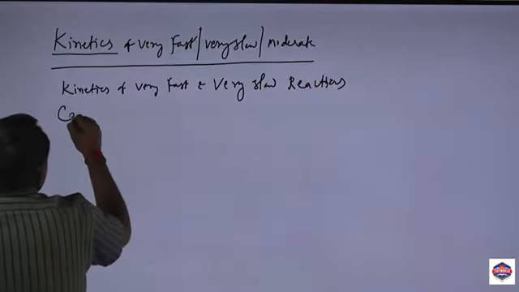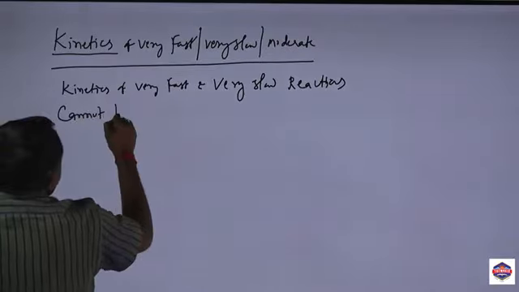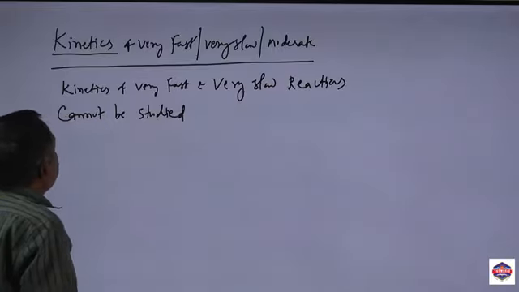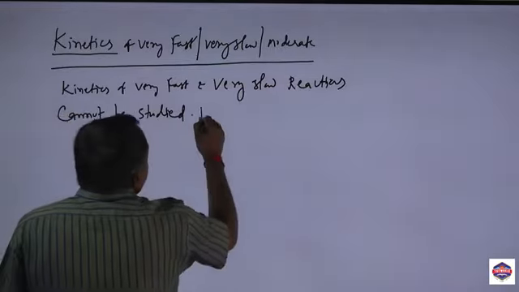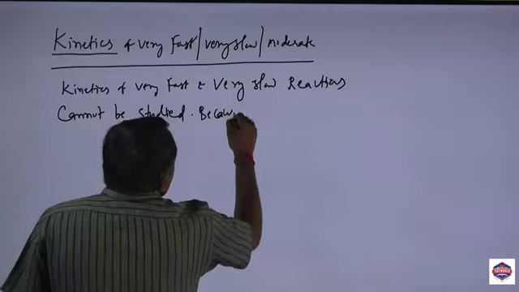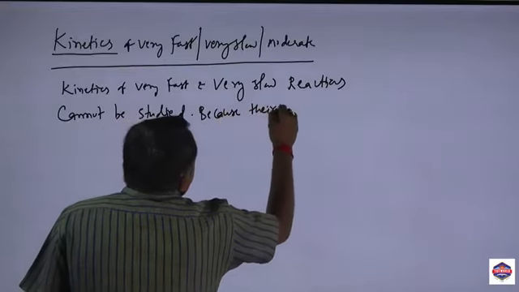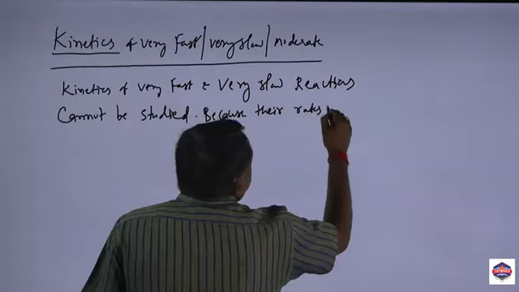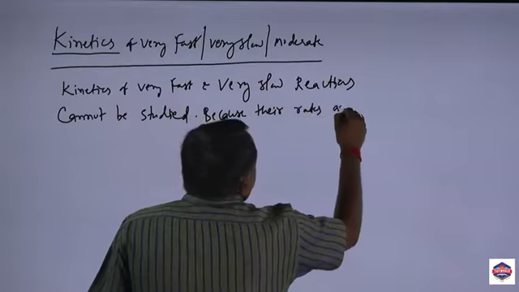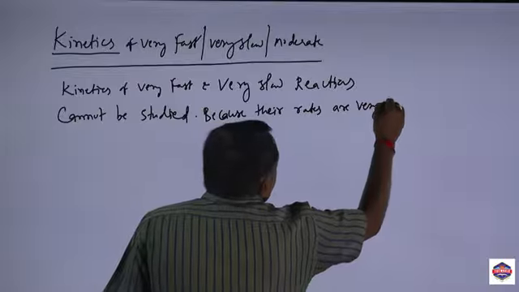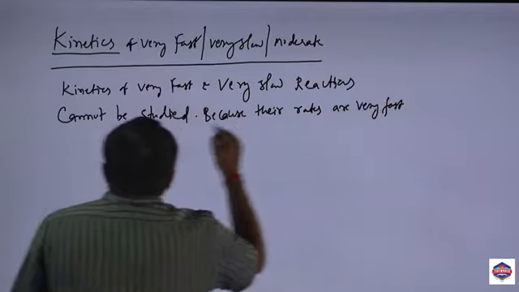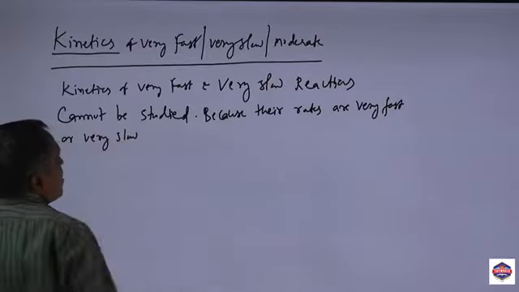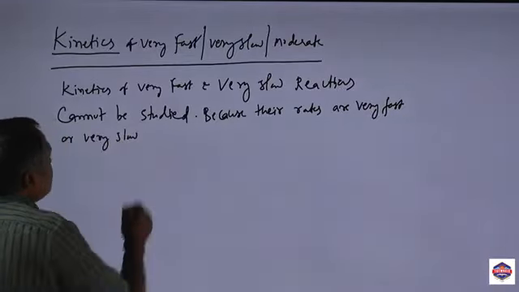Why they cannot be studied: because their rates are very fast or very slow.